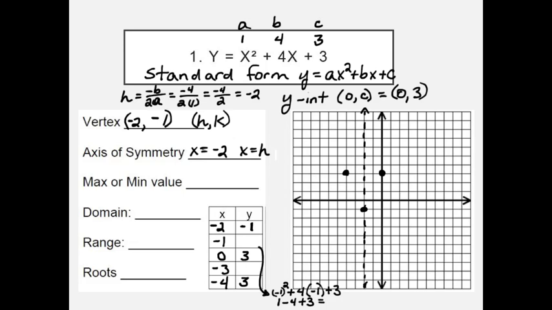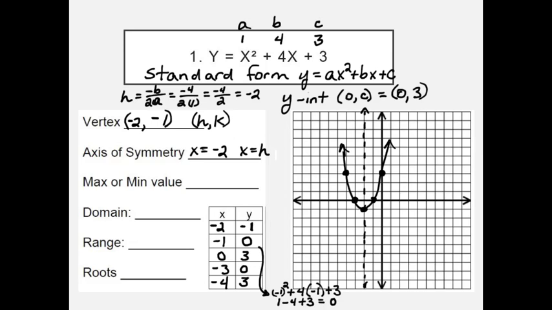And so that's going to be 3 plus 1 is 4. 4 minus 4 is 0. So all that adds up to be 0. So I have a point at -1, 0. And again, because this is an axis of symmetry, I have a mirror image point over here at -3, 0. Okay. So now you can sketch in your graph.